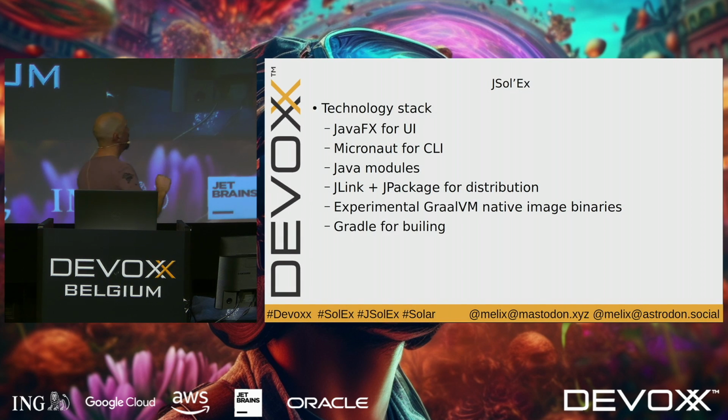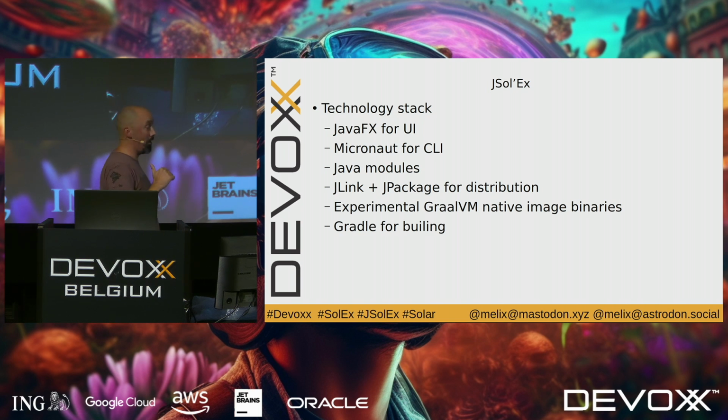The technology stack that I used: JavaFX. I had never programmed an interface ever. I am not a UI designer, but I remember AWT from 20 years ago or even before, and I didn't want to go that route, so I looked at the latest in Java to design desktop interfaces, and that's JavaFX. There's a CLI version too, for which I'm using Micronaut.